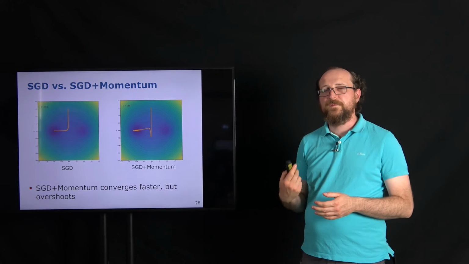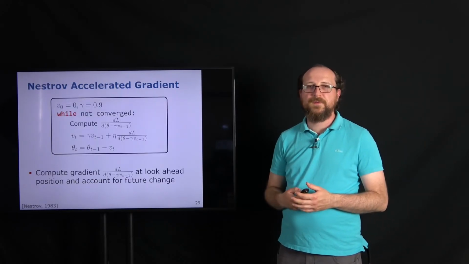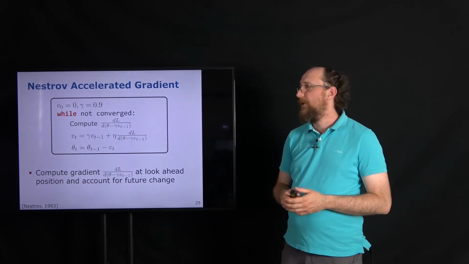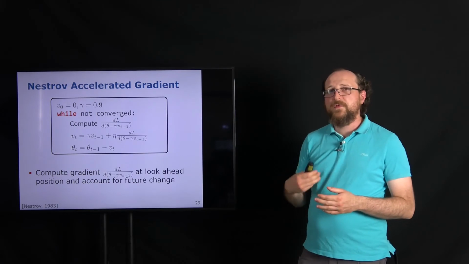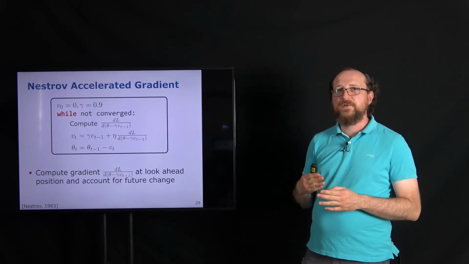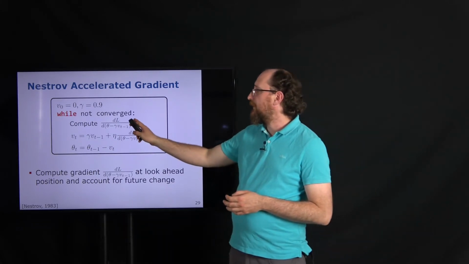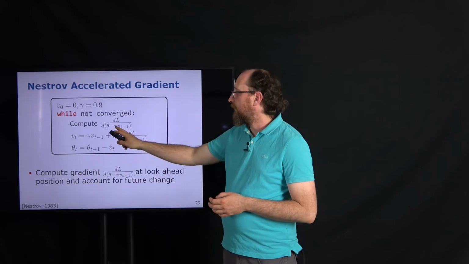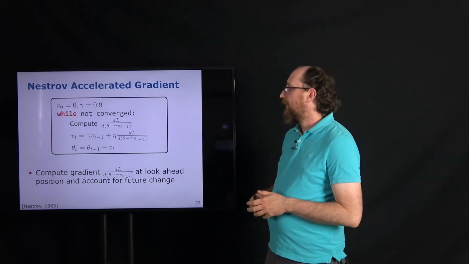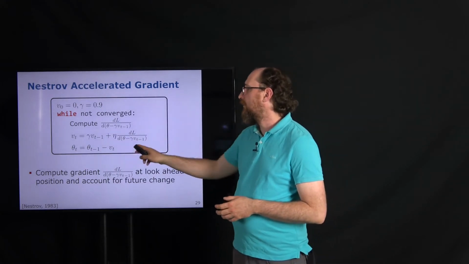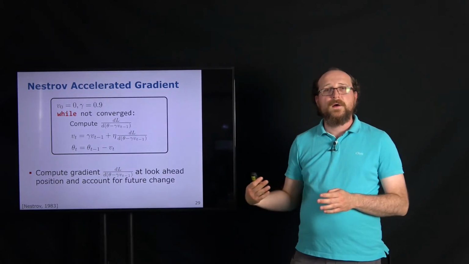And to fix this, there was this method proposed, the Nesterov accelerated gradient method, where we just have, so to say, a look ahead. So we are not going just in the direction of the momentum direction, but we are computing basically the gradient at our last momentum direction and look at the gradient at this point. And then using the look ahead direction, we can basically correct for the fact that we are maybe going in the wrong direction.